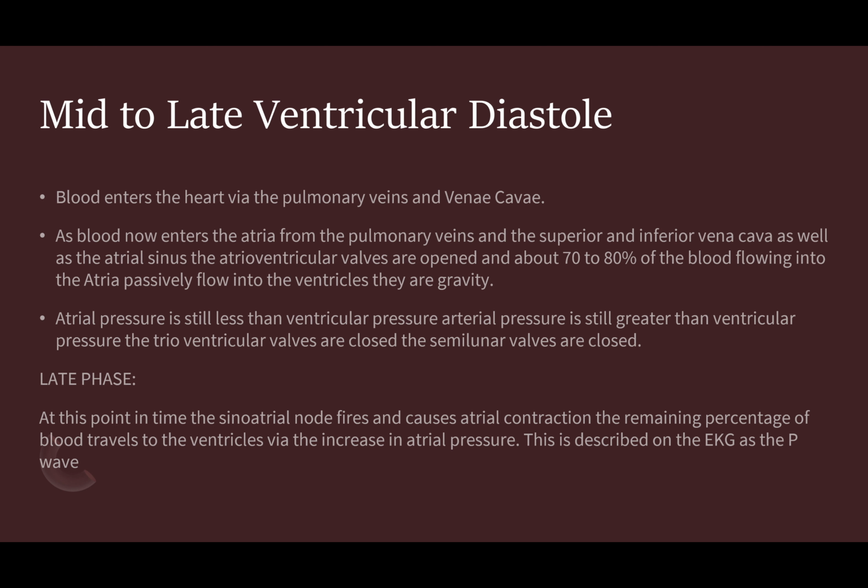Atrial pressure is greater than ventricular pressure. Remember that liquids move from higher pressure to lower pressure. Mass flow hypothesis, remember that one? Same principle here, moving from higher pressure to lower pressure.